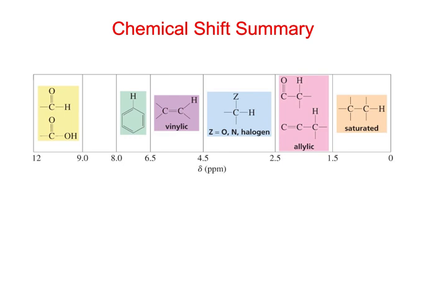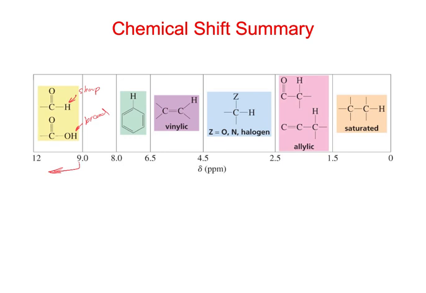So we have this range, above 9 parts per million, up to maybe 11 or 12, which is the aldehydes and the carboxylic acids. We can usually tell these apart because the aldehyde protons are usually very sharp, and the carboxylic acid protons are usually broad from hydrogen bonding.